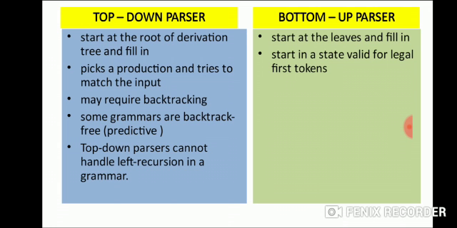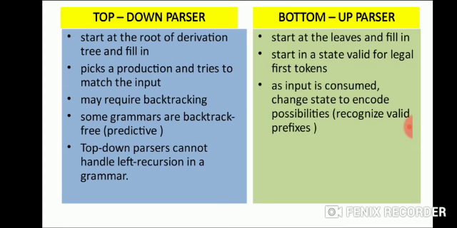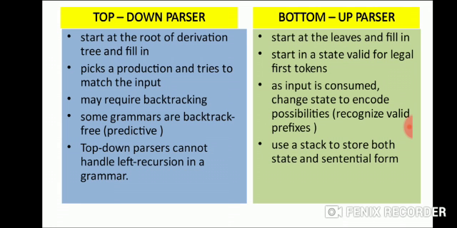So it starts in a state valid for a legal first token. As input is consumed, it changes state to encode possibilities, meaning recognizing valid prefixes is a must. It uses a stack to store both state and sentential form as well.